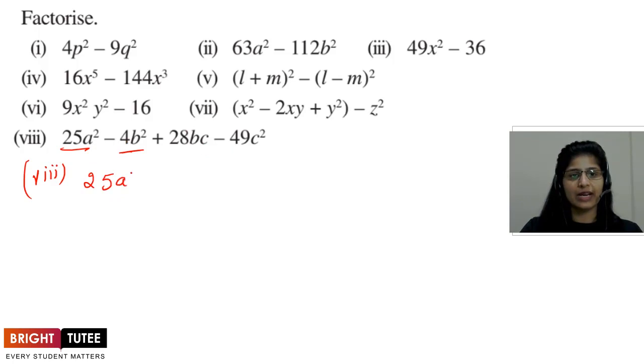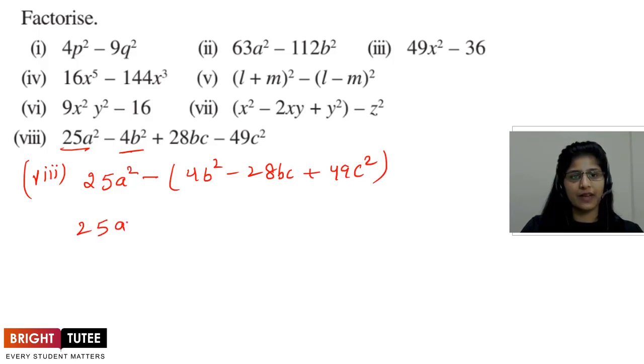So 25a square I'll write as it is. If I take this from here, I take minus common. Okay, and I write here 4b square minus 28bc and plus 49c square.